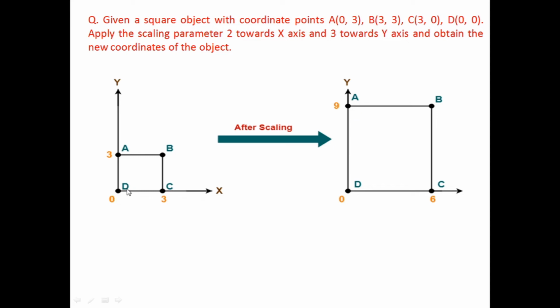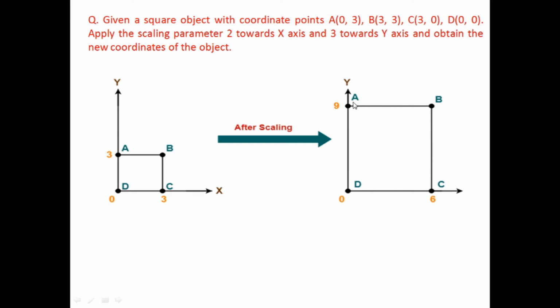As this is a square, we need to consider it a closed polygon of 4 sides. So for 0, 6 I have to take a parallel line like this, and for 0, 9 I have to take a parallel line like this.